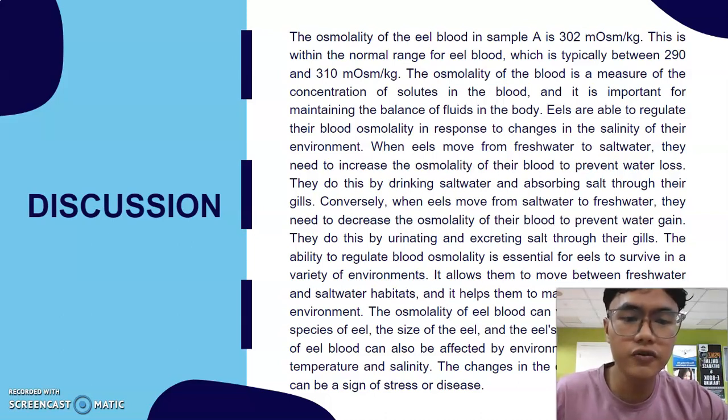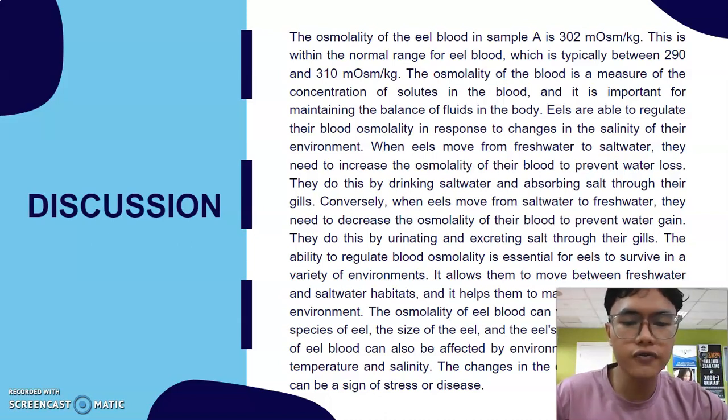Conversely, when eels move from saltwater to freshwater, they need to decrease the osmolality of their blood to prevent water gain. They do this by urinating and excreting salt through their gills. The ability to regulate blood osmolality is essential for eels to survive in a variety of environments. It allows them to move between freshwater and saltwater habitats, and it helps them to maintain a stable internal environment.